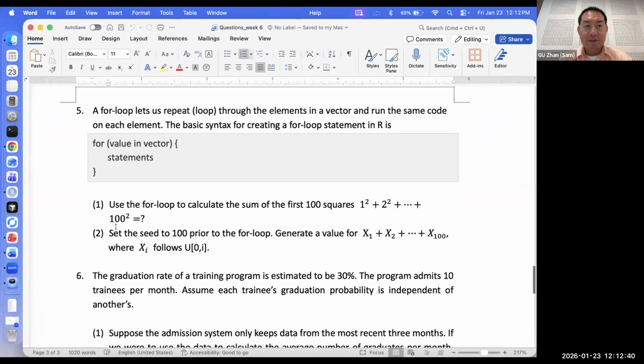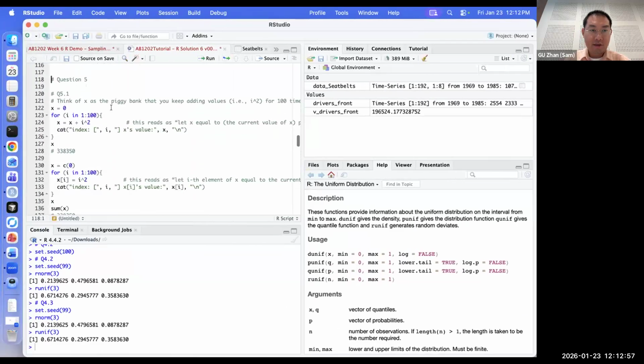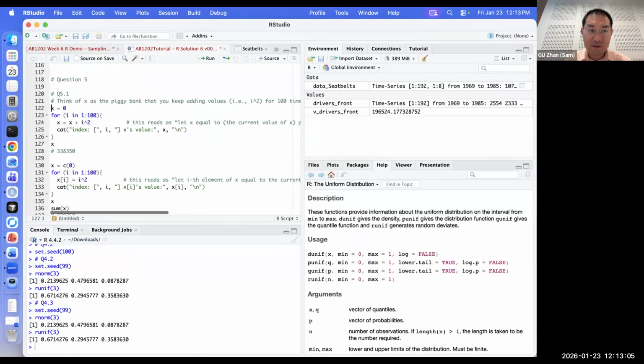So, for loop. Let us repeat the loop. Use a for loop to calculate the sum of the first 100 squares. Then set the seed to 100, do the same again, where x follows uniform 0 to i. Think of x as a piggy bank that you keep adding values into, i to the power 2, for 100 times.